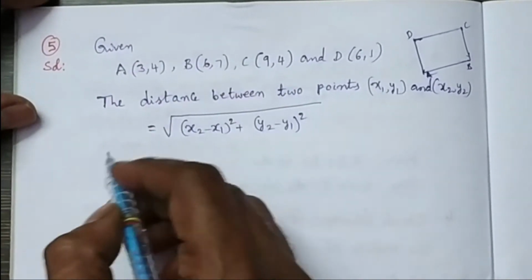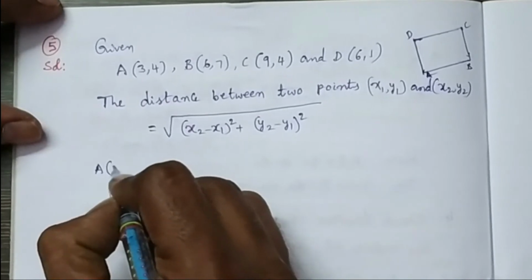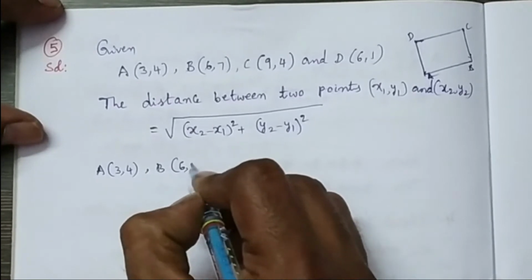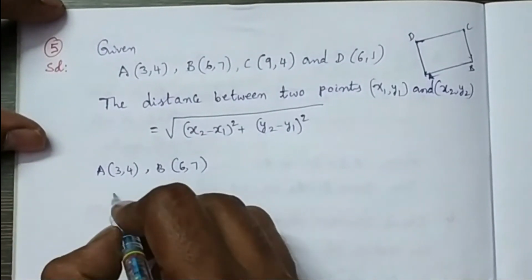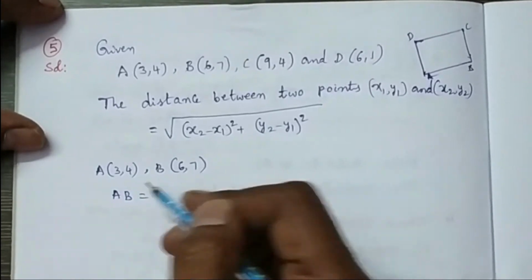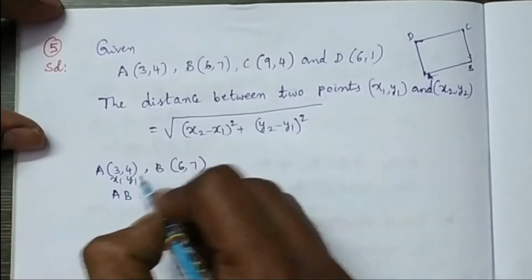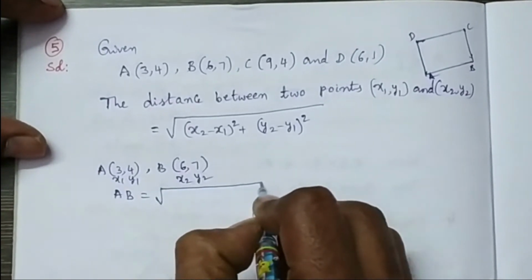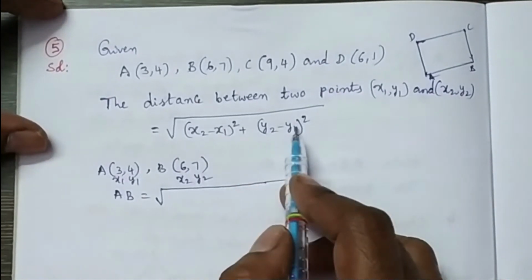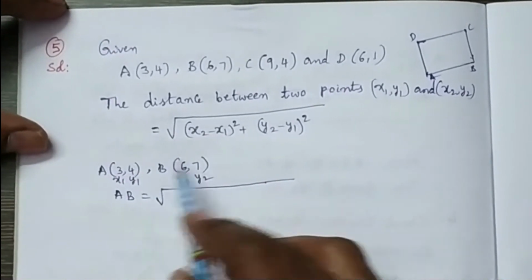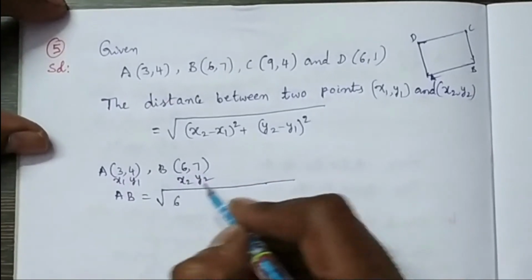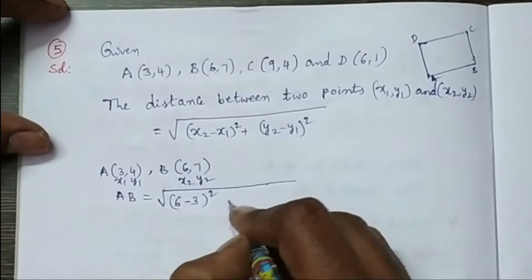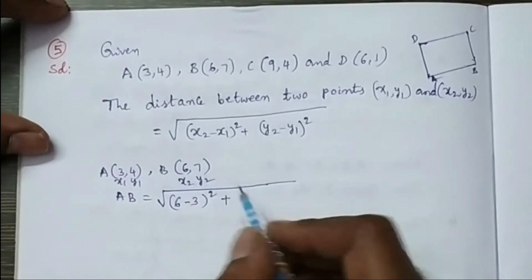Take the points A, that is 3 comma 4, and B, that is 6 comma 7. Take these as x1, y1, x2, y2. So AB is equal to square root of x2 minus x1 whole square plus y2 minus y1 whole square.